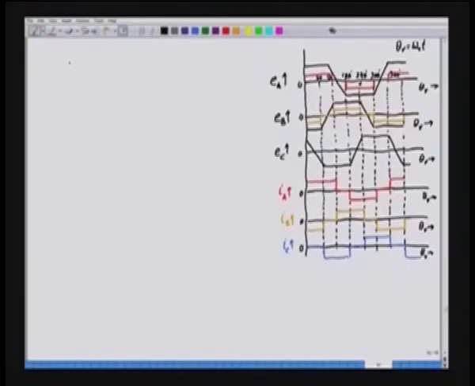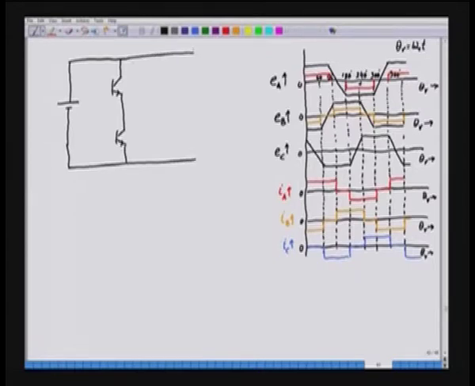So, we have a 3-phase voltage source inverter having the transistor switches. These are the diodes, anti-parallel diodes or the feedback diodes, for feeding inductive energy back to the source.